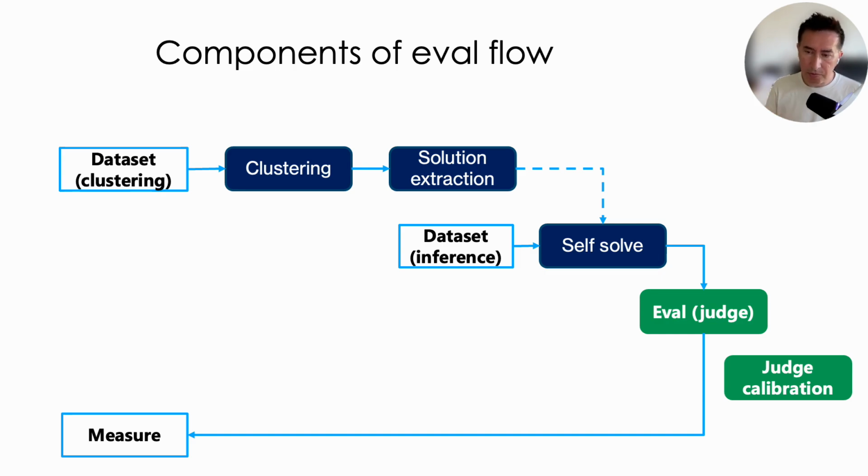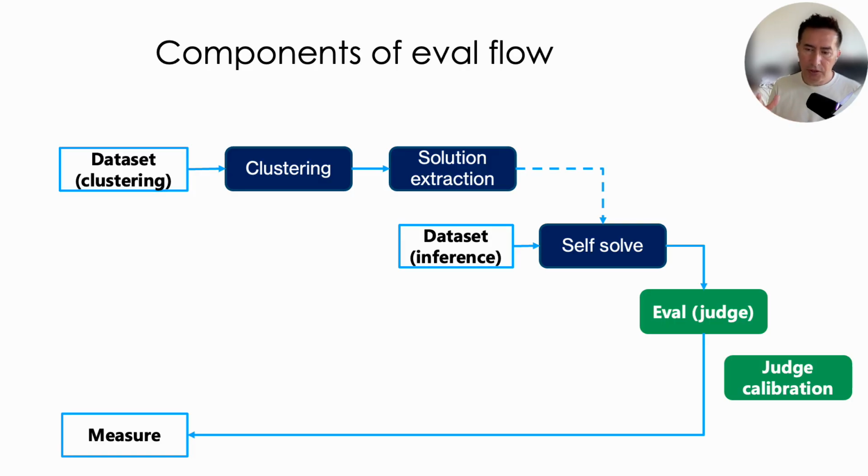There is another part which is also important to mention, which is the judge calibration. So we don't know at the start whether the judge that we have designed is a good judge. So we go through a judge calibration phase where essentially we do two things.